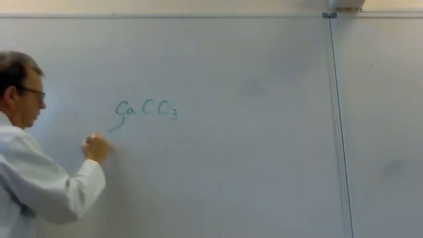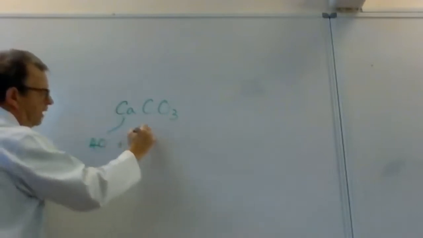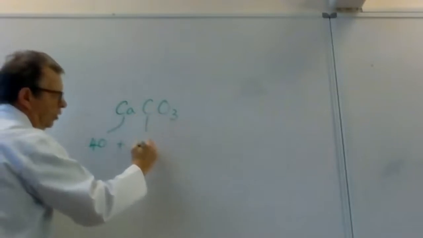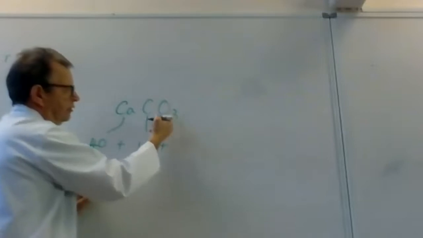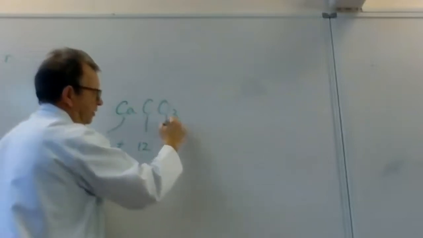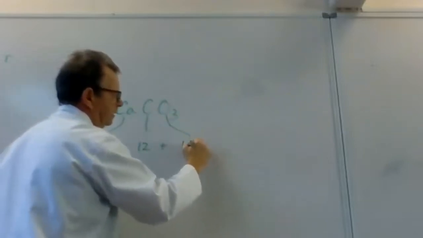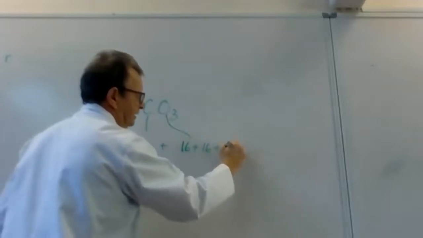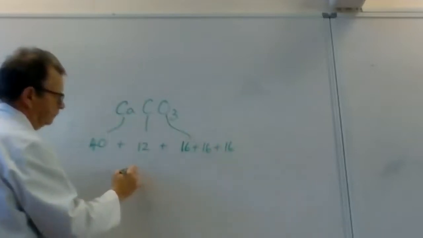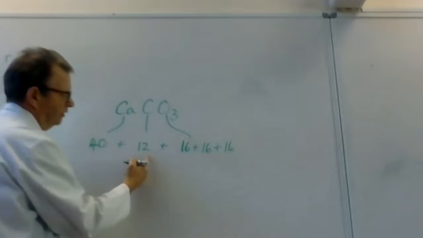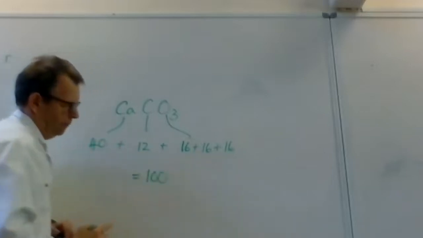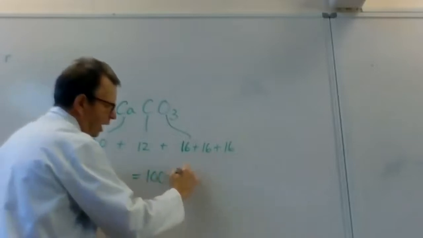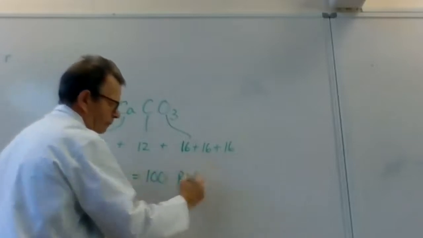So 1 calcium weighs 40, 1 carbon weighs 12. And we've got 3 oxygens. The 3 is only the oxygens, not any other part of it. Oxygen weighs 16, so it's 16 and 16 and 16, 40, 52, oh, look, that's a nice number, 100.